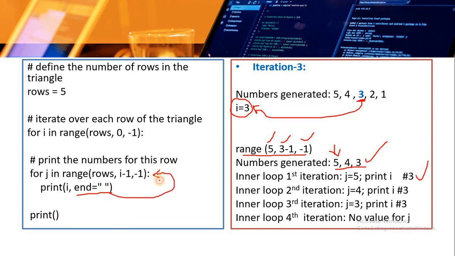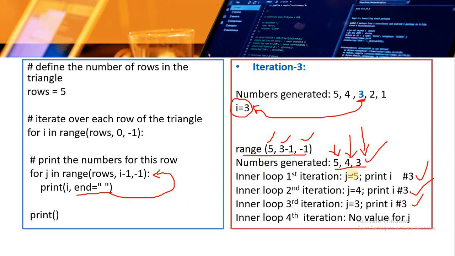Reaching again the starting point of the inner loop, the second value 4 will be stored into j. The i value will be printed a second time. So 3 will be printed a second time. Again reaching this point, j value becomes 3 and the i value will be printed a third time.